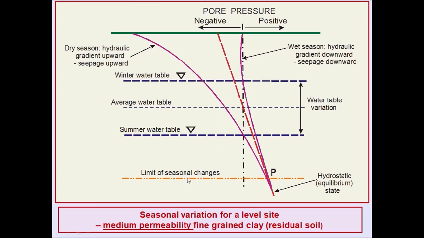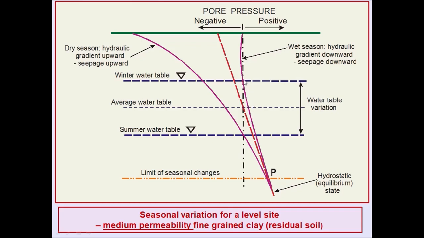You've got a limit of seasonal changes down here, but you've got your water table up here. In this particular example, this is your average water table here. In the summer, the evaporation causes this to become increasingly negative, so your water table will drop down to that value there. In the winter, water will seep in, and this line will tend to move in this direction here, so you're going to have another line up here.